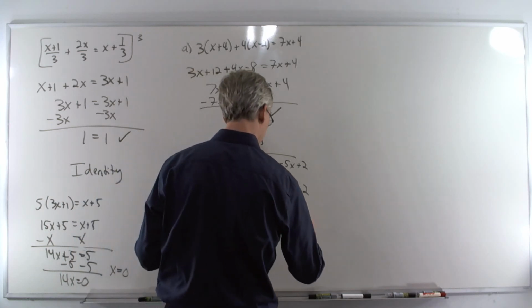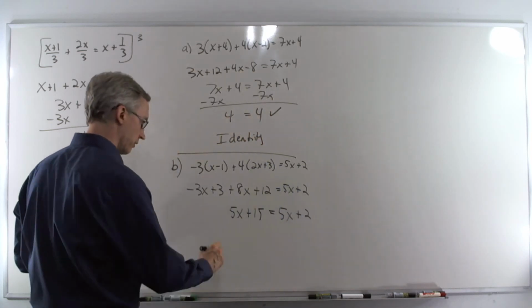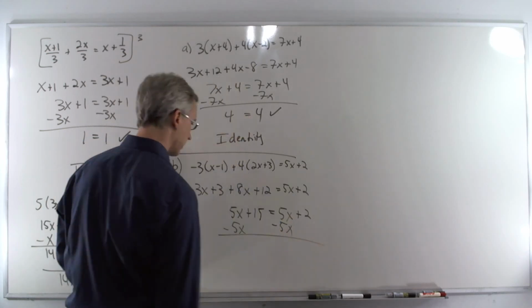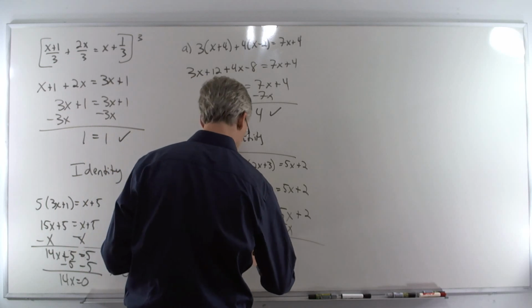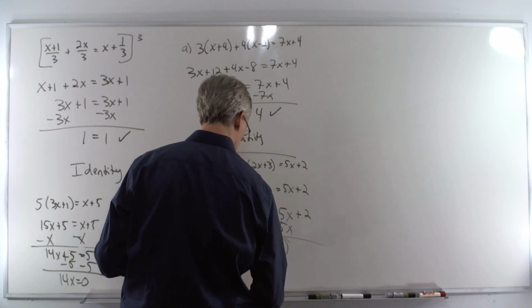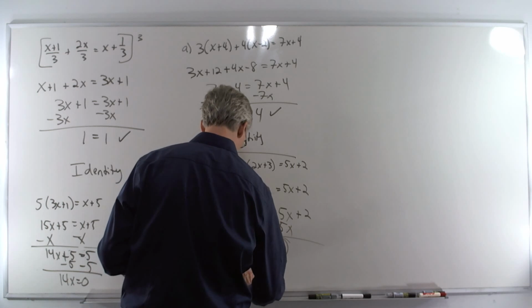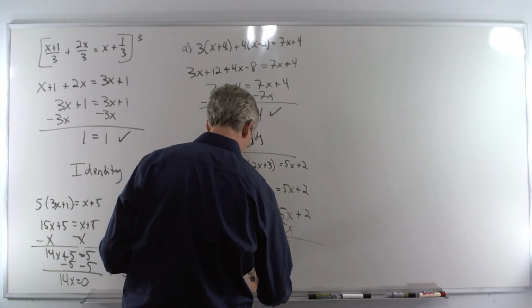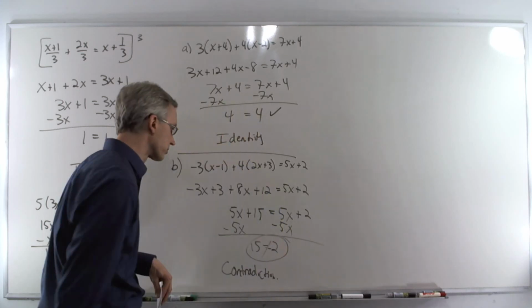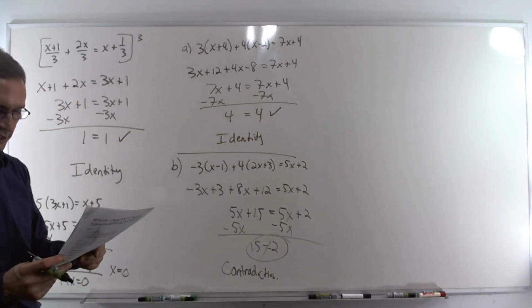And over here we got 5x plus 2. Now we'll get rid of the 5x on each side. And that gives us 15 equals 2. Not true. Since we're left with a number equals a number, but the numbers are not the same, that is a contradiction.